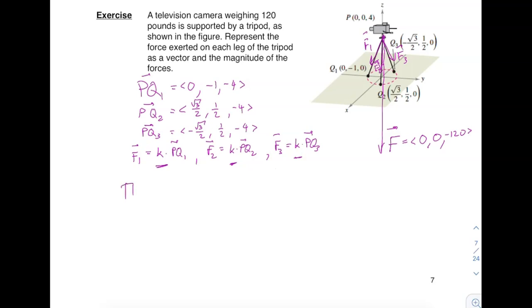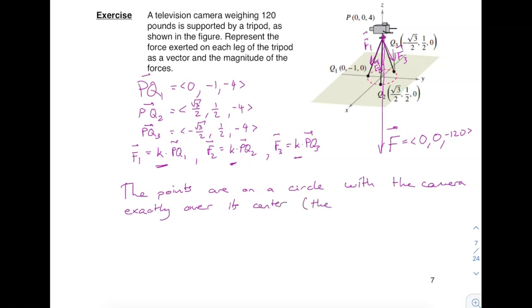So the points are on a circle with the camera exactly over its center, which we can also say the legs have the same length.